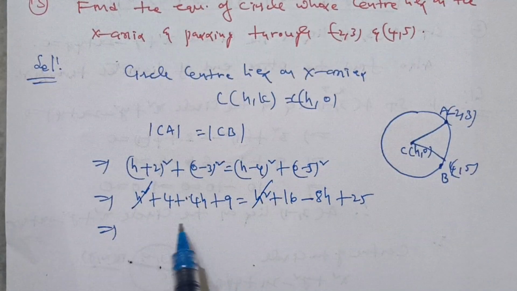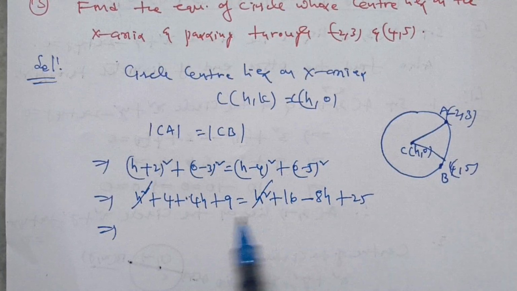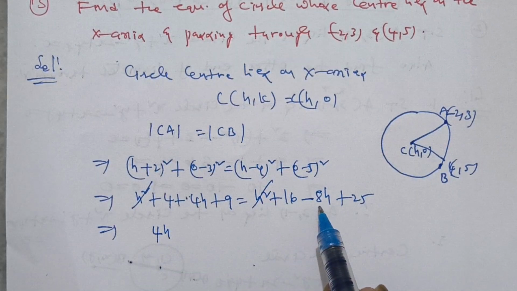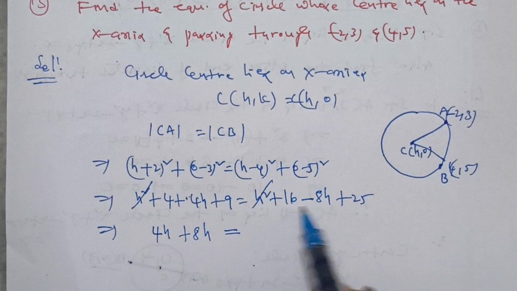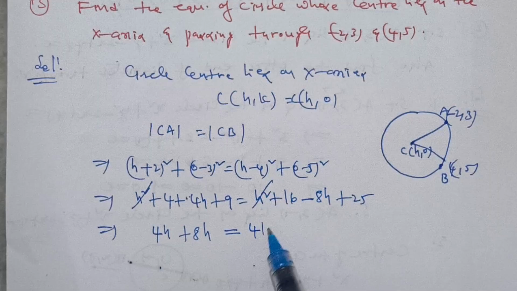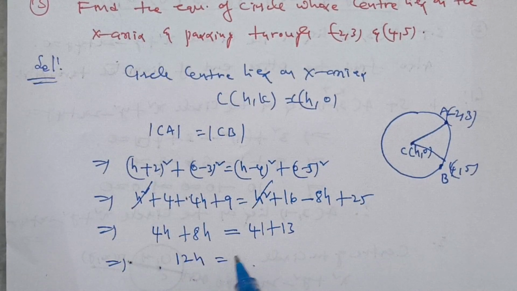So h² on both sides cancels. Take the h values to the left side: 4h plus 8h, and 4 plus 9, that is 13, taken to this side: 16 plus 25 is 41, plus 13. So 4h plus 8h is 12h, equals 54.